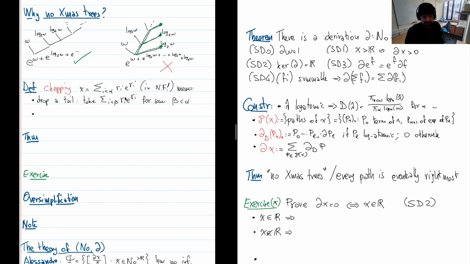Take this sum and I just truncate it. I just drop some terms at the end. So I take some beta less than alpha and I take this sum. Actually, technical consideration, I take 0 less than beta, so I want something to still be there.